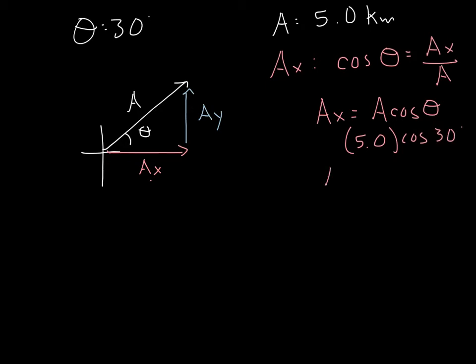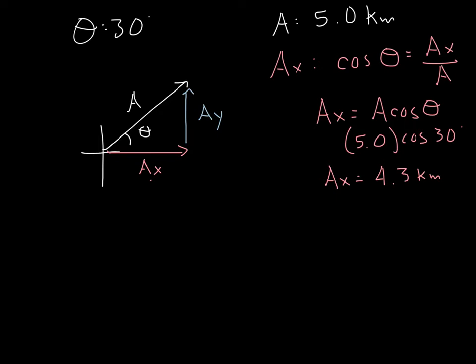This means that our component AX is in fact equal to 4.3 kilometers. It means as we walked vector A, we've gone east 4.3 kilometers.